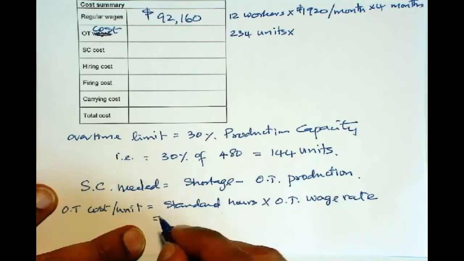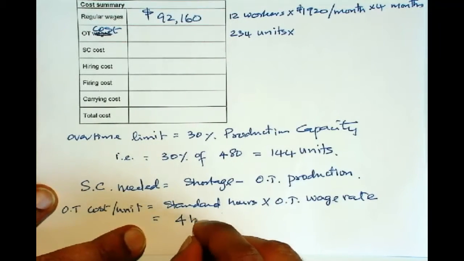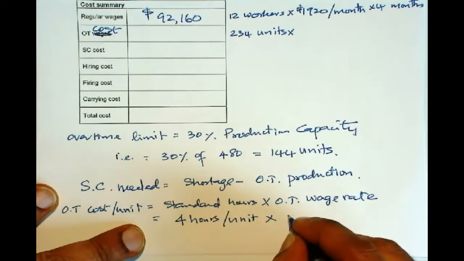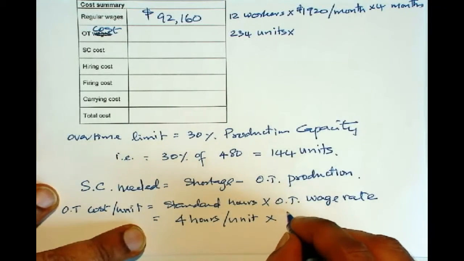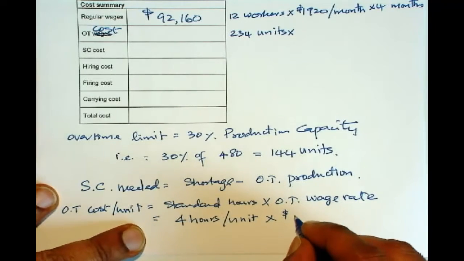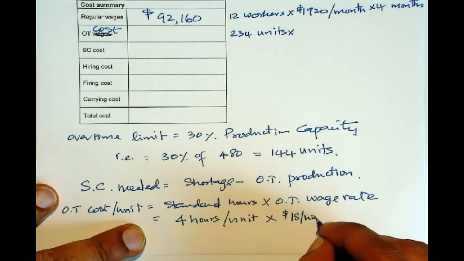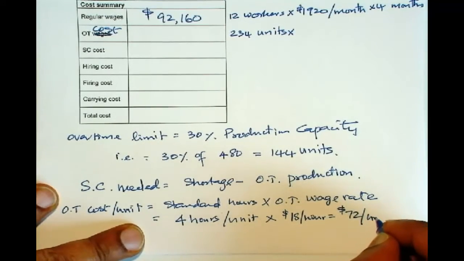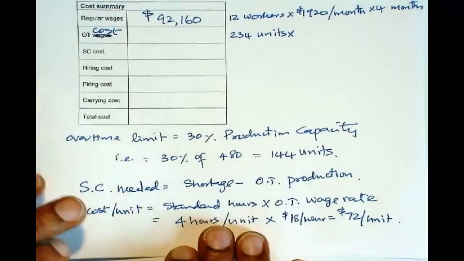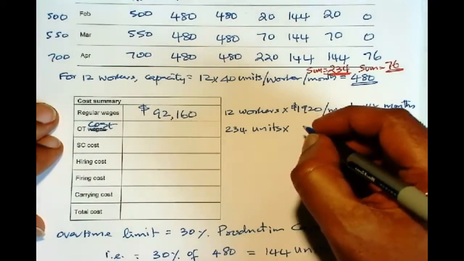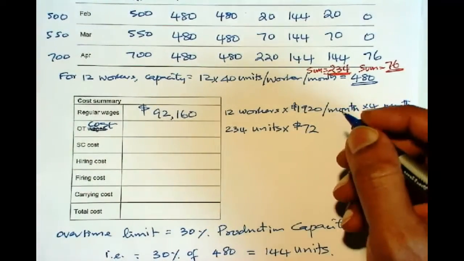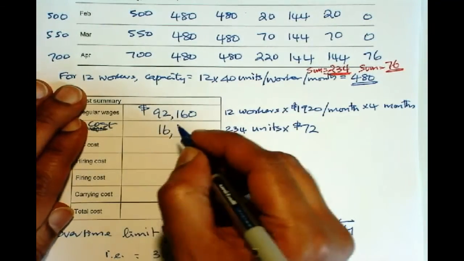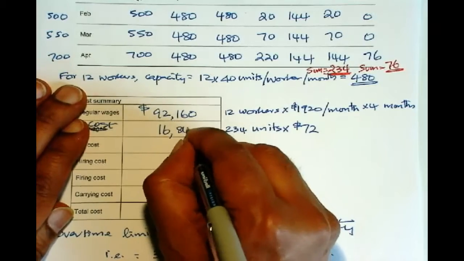Standard hours is 4 hours per unit, that's given, and overtime wage rate is $18 an hour, that's also given. So cost is $72 per unit. So every unit produced in overtime is going to cost you $72. So the total overtime cost is $16,848.